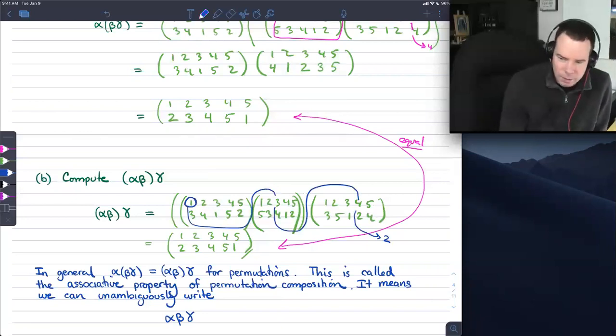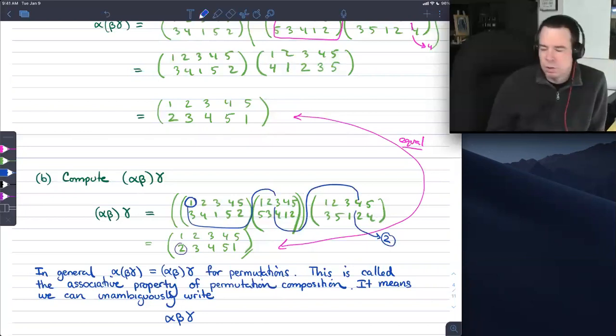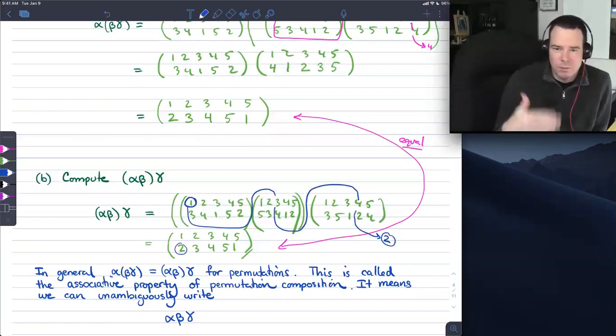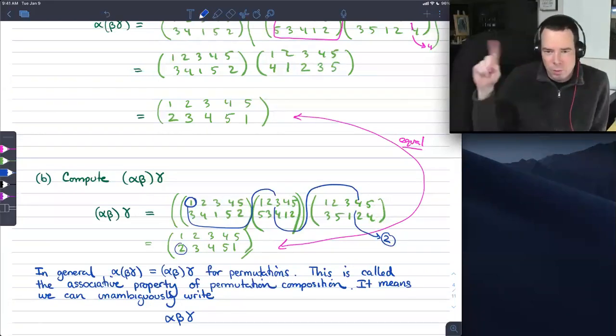So 1 in must have 2 come out. And so there's our 2. So we just play this sort of snaking game along all these permutations. However many I'm multiplying together, I just snake through them in this way. What does the first permutation take 1 to? Whatever comes out of it, I put into the second one. Whatever comes out, I put into the third one, and so on all the way down the line.